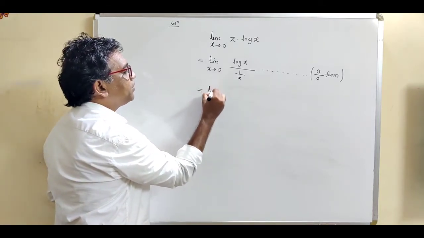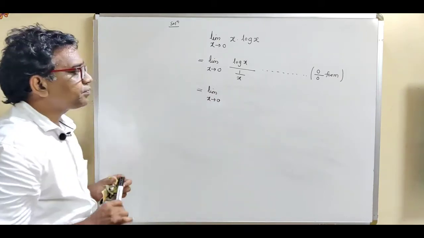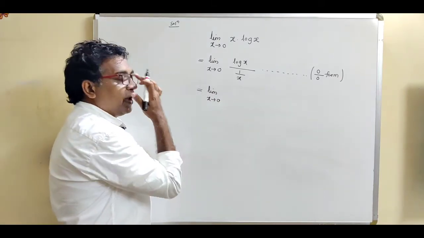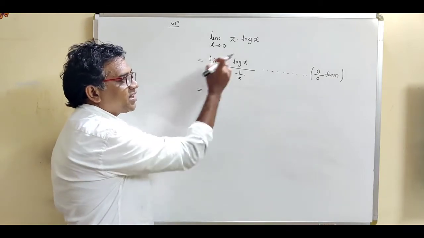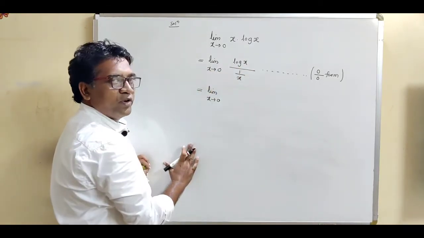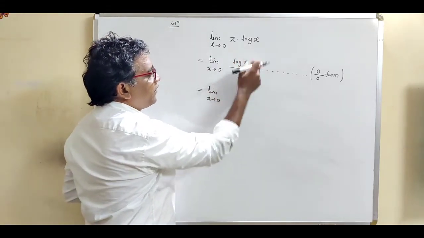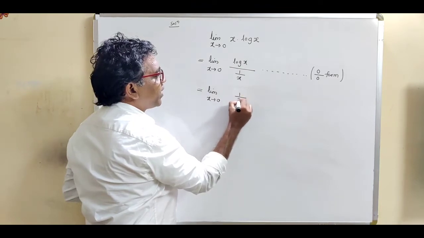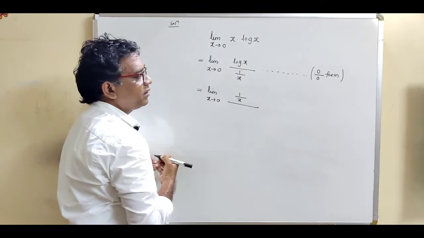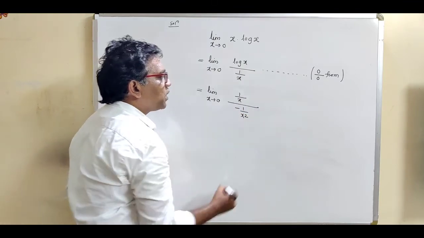So write down, this is equal to limit x tends to 0. Now what is the L'Hopital rule? Just take the separate derivative of the numerator divided by the derivative of the denominator. Don't apply the division rule. So the derivative of log x is 1 upon x, divided by the derivative of 1 upon x, which is minus 1 upon x square.